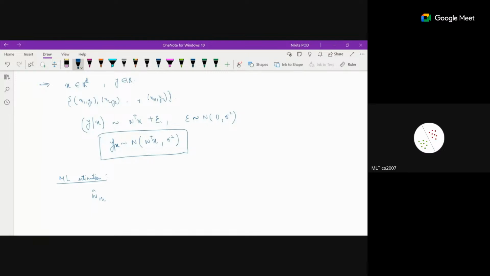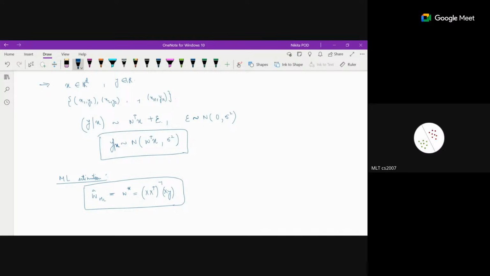The W hat ML that we found for this estimation problem was nothing but the W star that we had originally seen for our linear regression problem. And this W star is nothing but (X X transpose) inverse X y. This is the same solution that we found using the squared error, right?